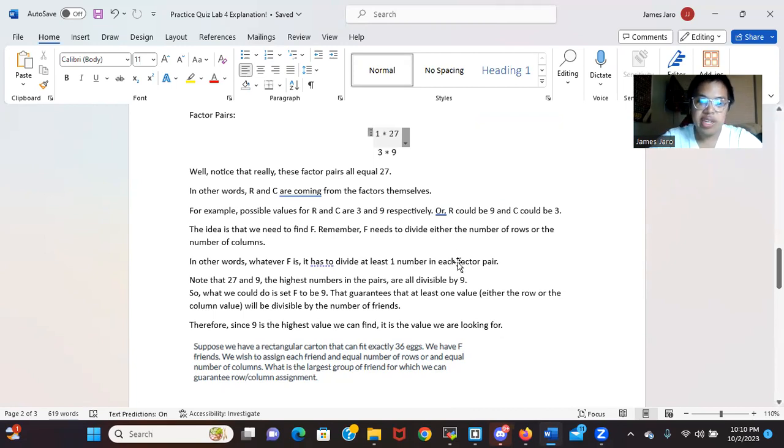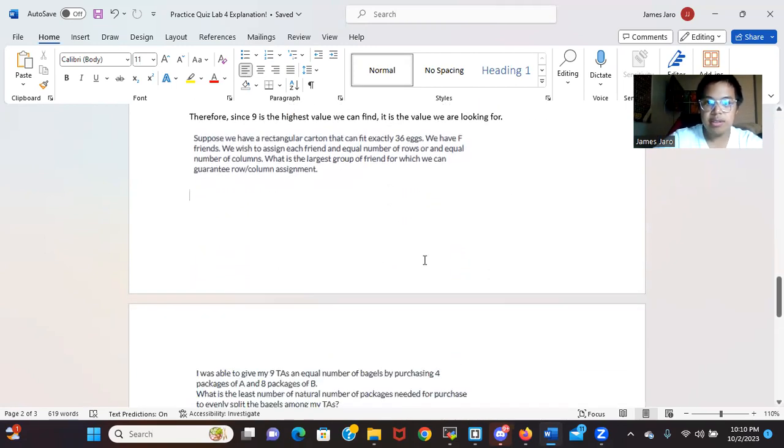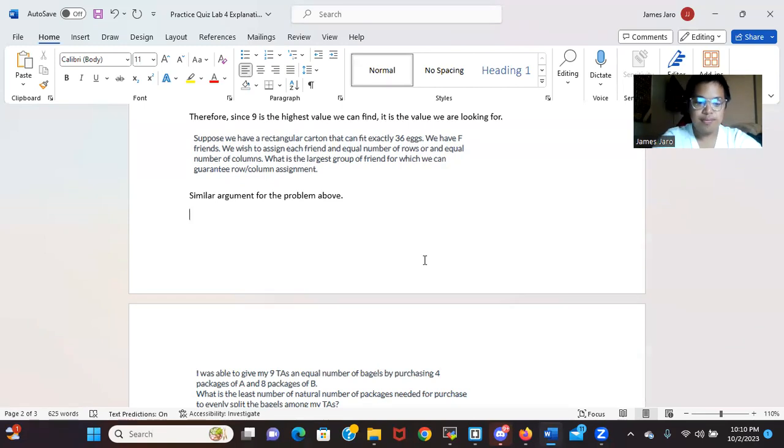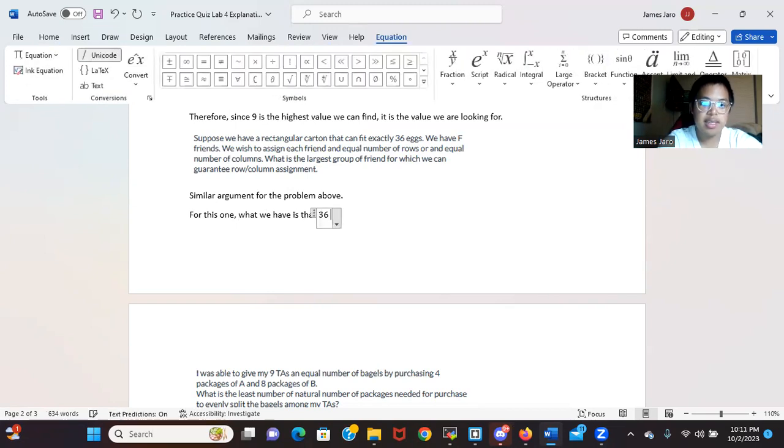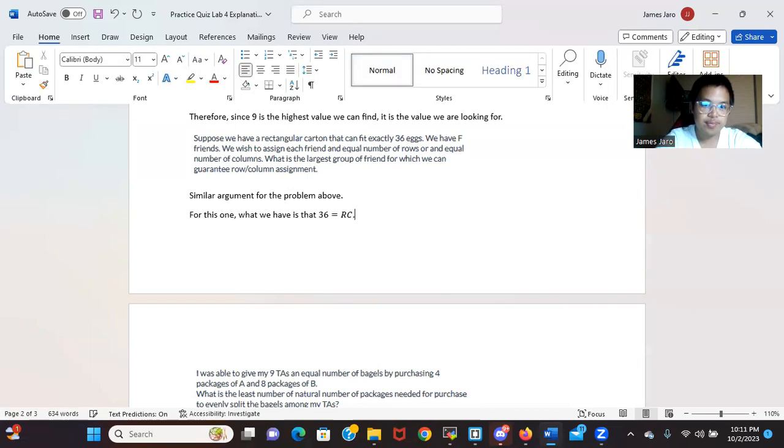Okie dokie. So now let's try the same thing, the similar thing just for 36 eggs. This is a similar argument to the problem above. So for this one, what we have is that 36 has to equal RC.